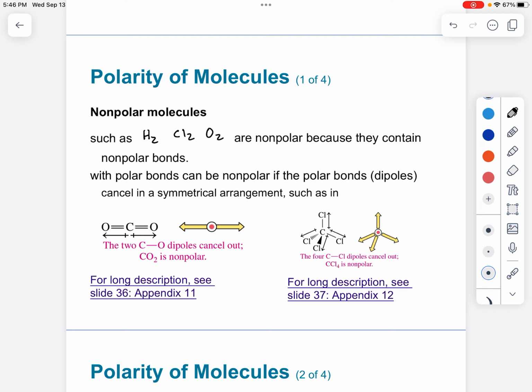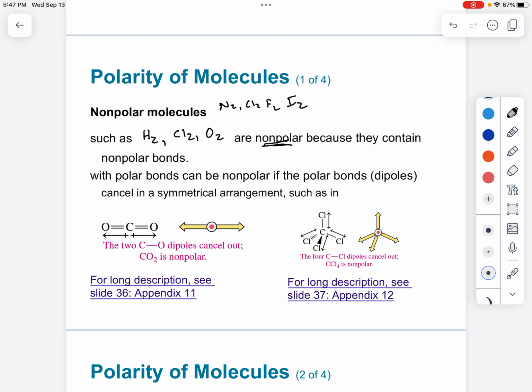Okay, so any diatomic molecule, any homonuclear diatomic molecule, anything that is the same atom in a diatom is going to be nonpolar, right? So this would include N2, Cl2, F2, and I2.